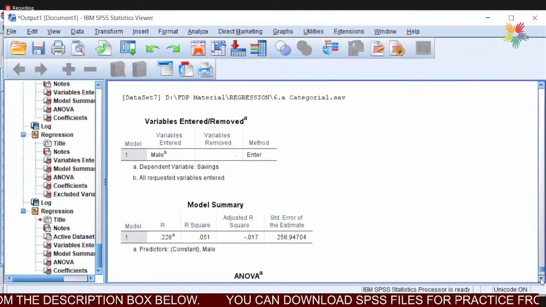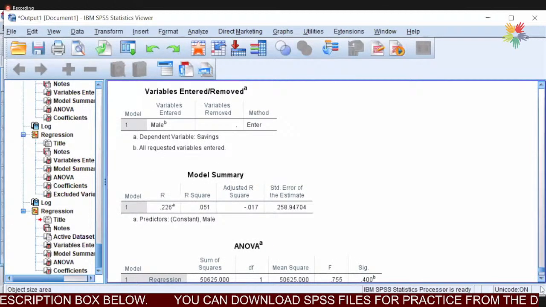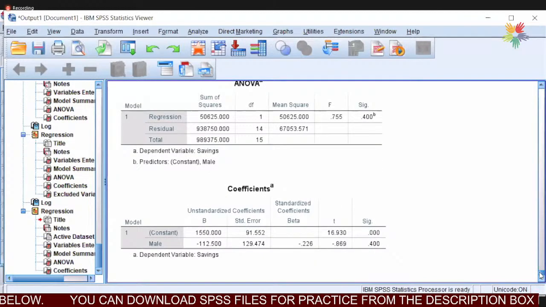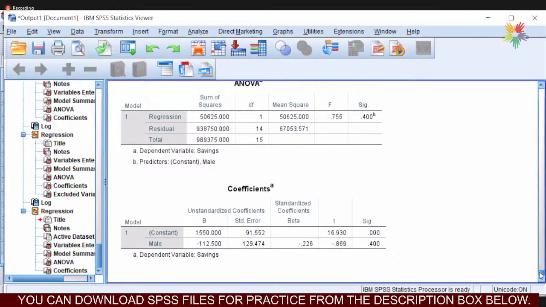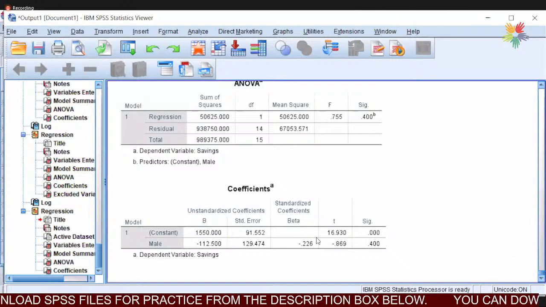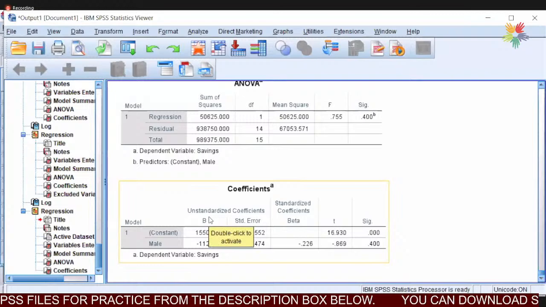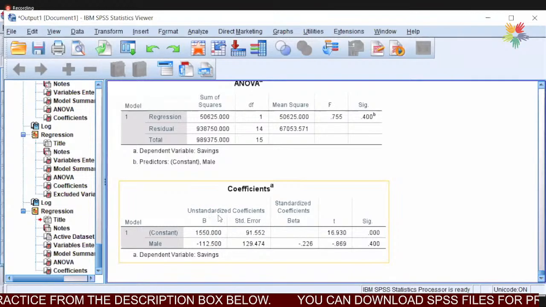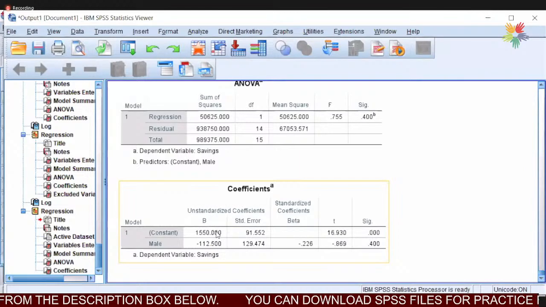Now let us look. Don't look at whether it is significant and all these things. I'm going to interpret. Now look at my beta values. That is what is constant.